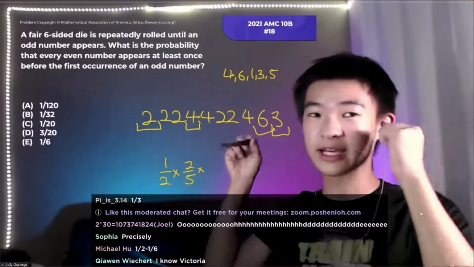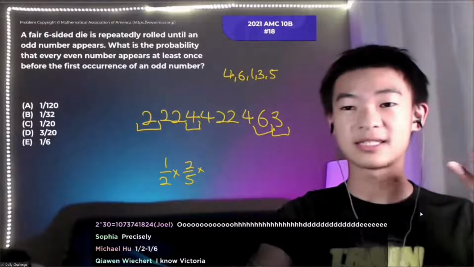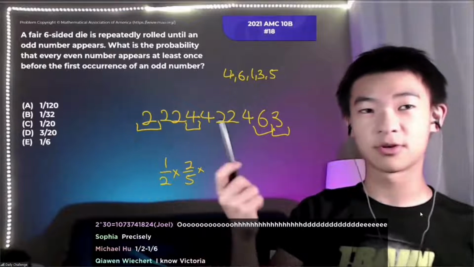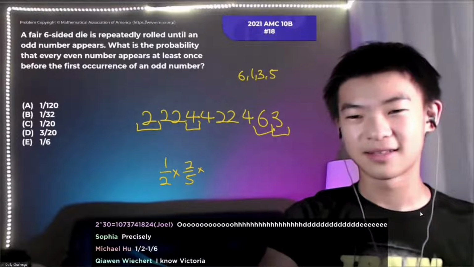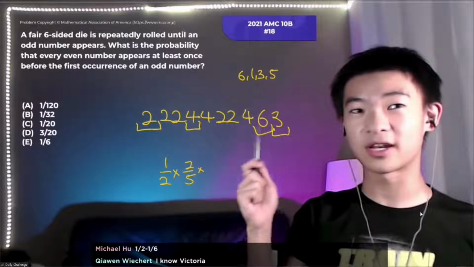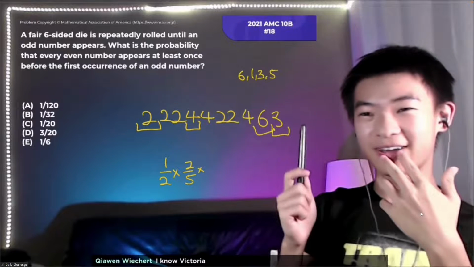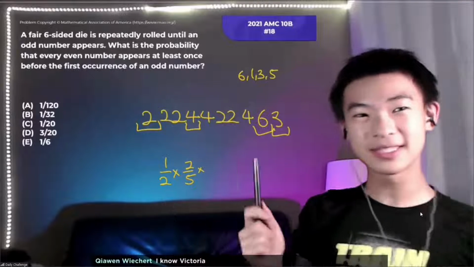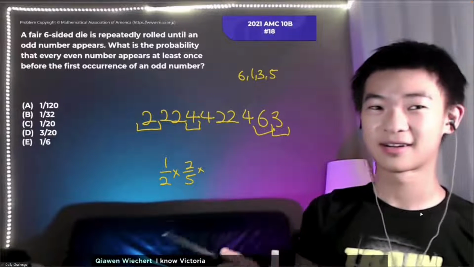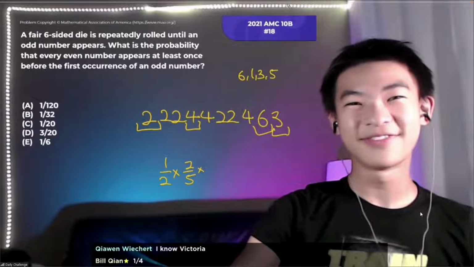If we focus on the next different number, suppose we use 2 and 4 here, then the choices for the next different number is 6, 1, 3, and 5. So what is the probability we can still succeed? What's this next fraction I'll be multiplying here? 1/4.